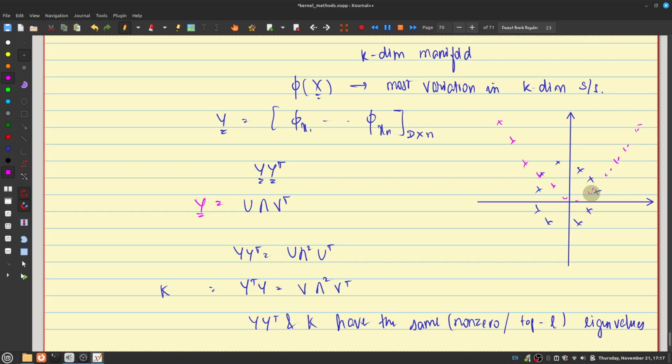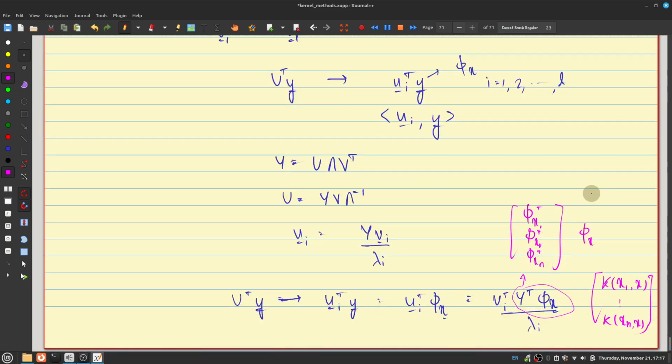Correct. But still you're doing all of the computations in a lower dimensional space. You can't do linear operations and get away with it. The nice feature about all of this is you're just doing linear algebra. That's it.